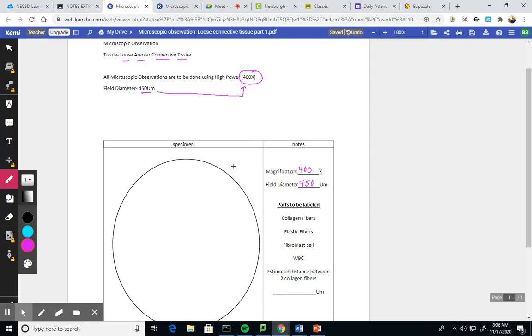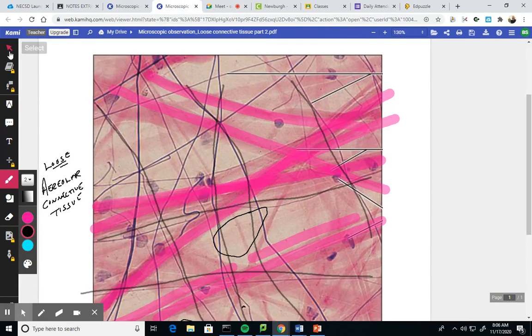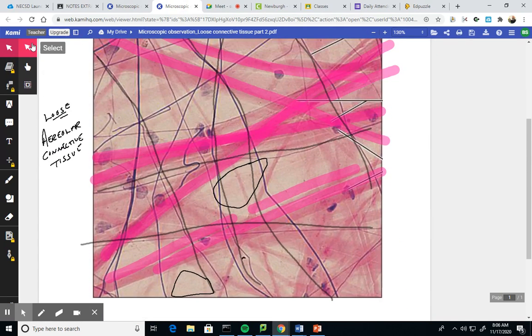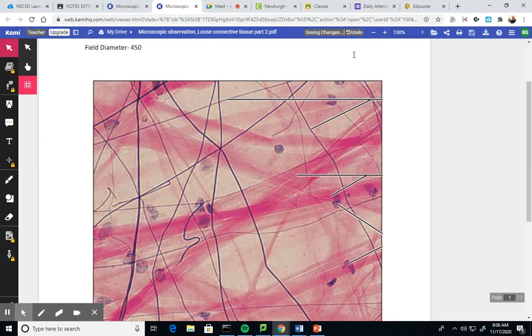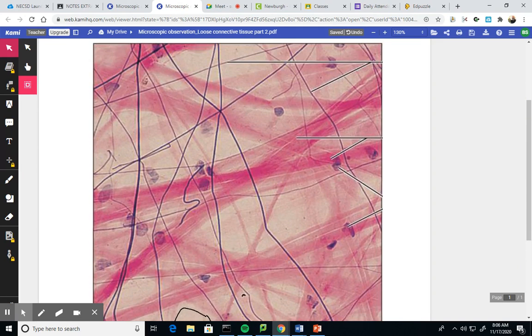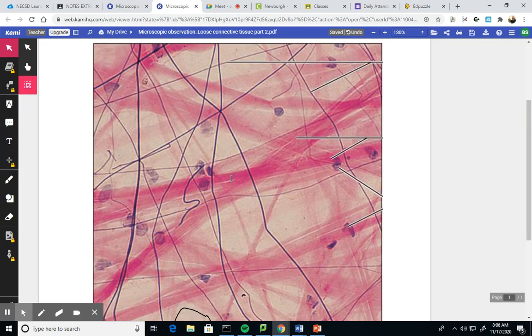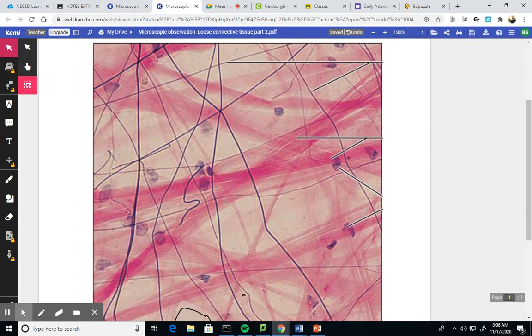That's done. So how am I going to draw this over there on that page? Well, the first thing I want to do is see if I can draw these thick collagen fibers. I'm going to take a mental image of this.